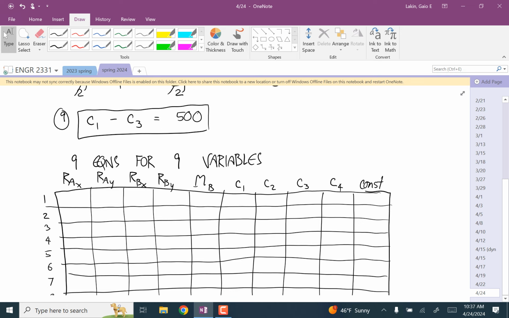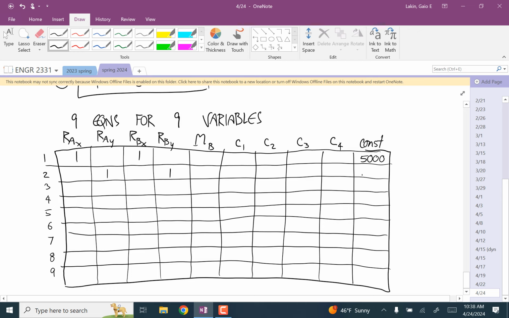Equation 1, RAX is 1, RBX is 1, constant 5,000. 2, RAY is 1, RBY is 1, constant is 1. 3, RBY is 2, MB 1, constant 1,000. Okay.